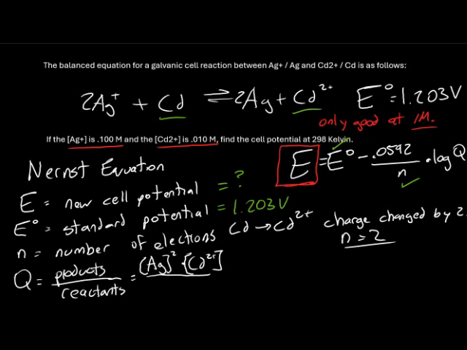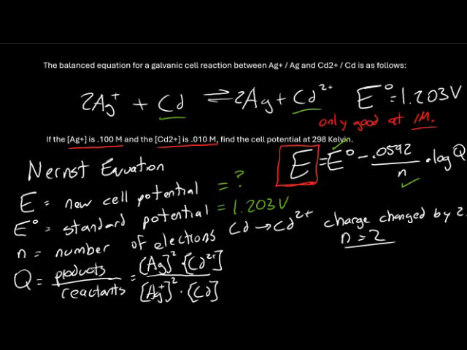On the bottom, which is our reactants, we will have silver+ squared multiplied by cadmium, which has no charge and a coefficient of 1, so we don't have to write a power.